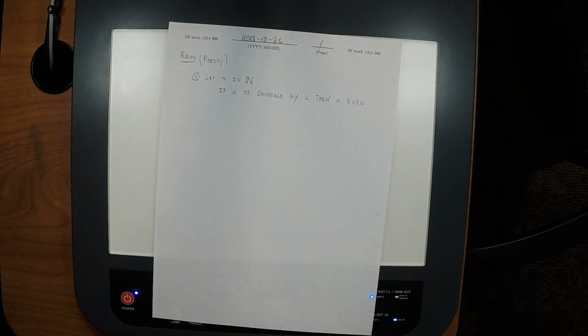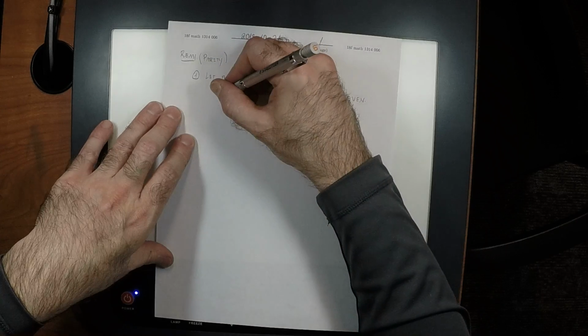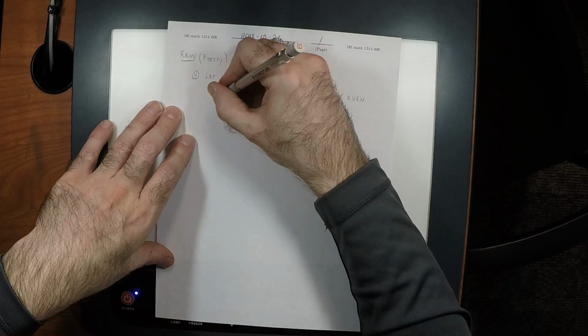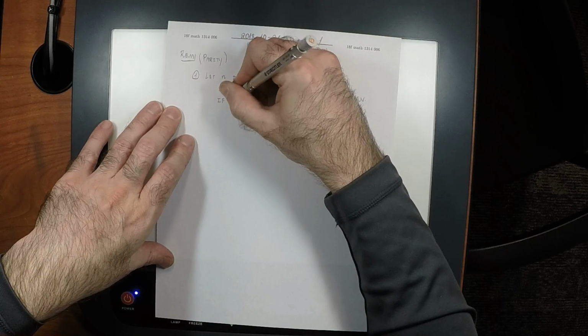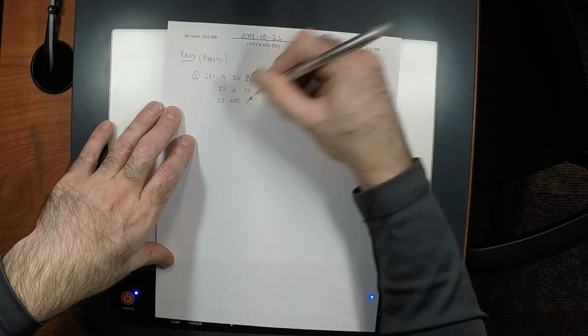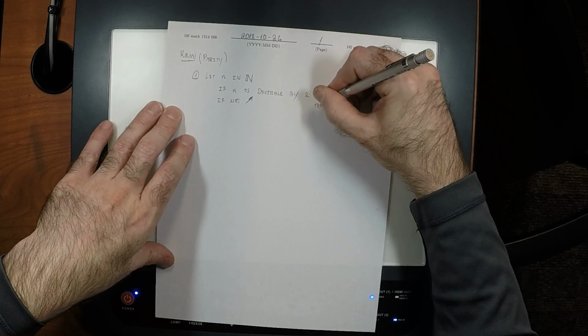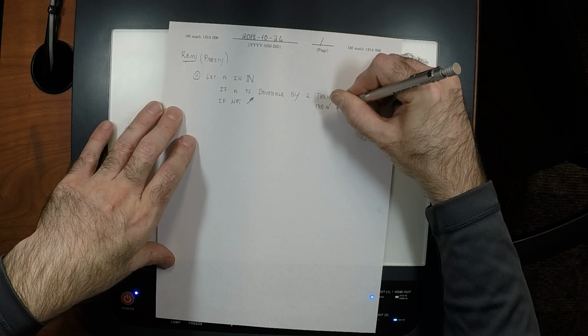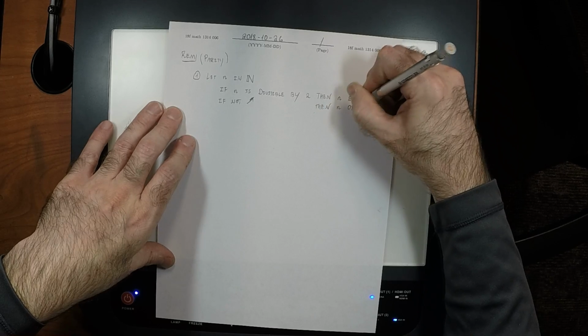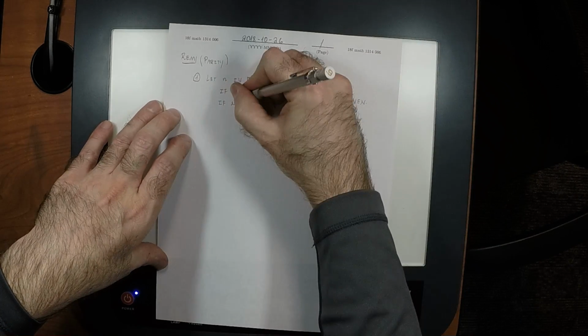Which is to say, you would say its parity is even. You could ask the question, what's the parity of 14? Even. Okay. If not, so if not divisible by 2, then n is odd. Okay.